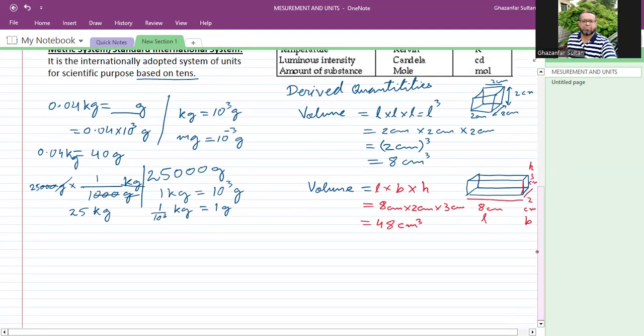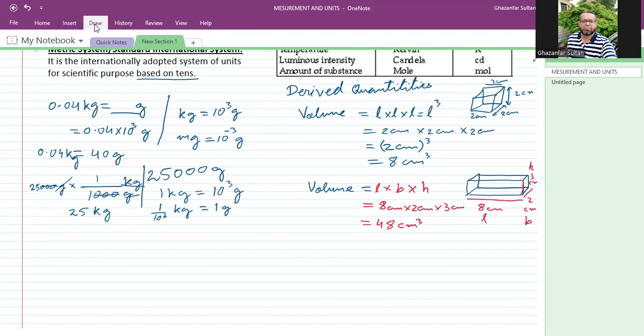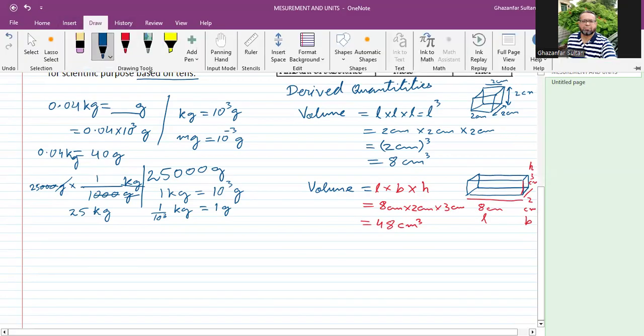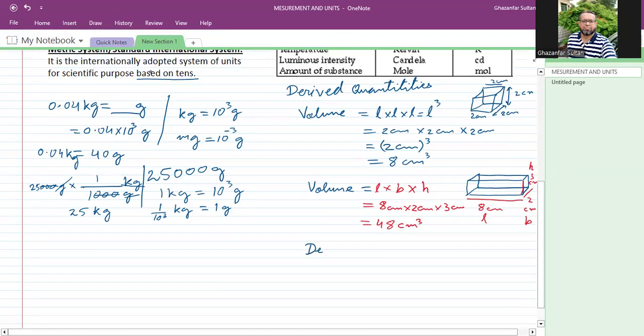Another important derived quantity is density. See, what is density? Density is mass per unit volume. So the unit of density depends on mass and volume.